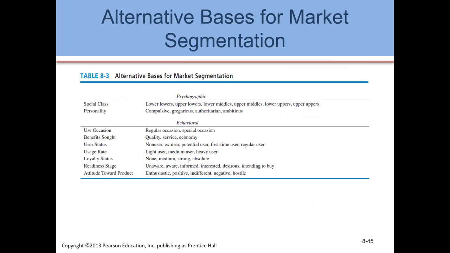In terms of psychographic aspects, we can talk about social class and personality. And in behavioral issues, we are focusing upon occasion, benefit sought, user status, usage rate, loyalty status, readiness stage, attitude towards product, and attitude towards services. These are the behavioral concerns. Now, let me tell you how to develop the segments out of this whole data.